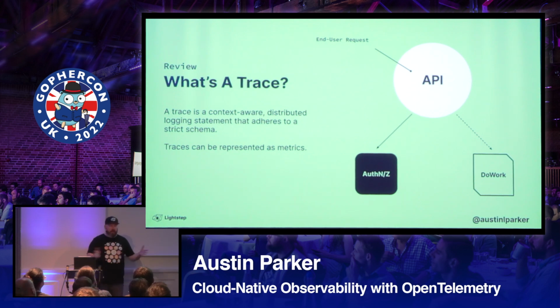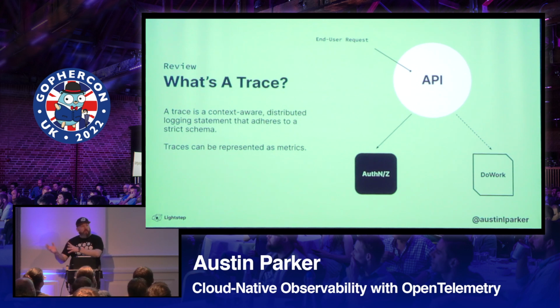Regardless of what part of that I own, maybe I own a couple of Go services down here, I can pull the ticket from Jira that has the session ID from the front end, look at that trace and be like, oh okay, this was my problem or it's not my problem. But again, it's a context-aware distributed logging statement.